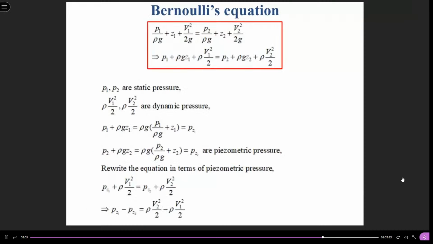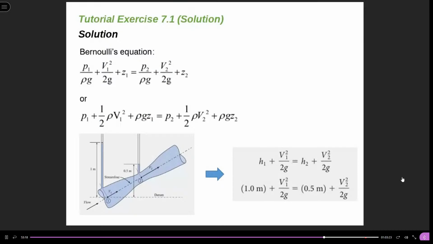And also, this needs to be remembered. So the tutorial exercise 7.1 can be solved step by step.